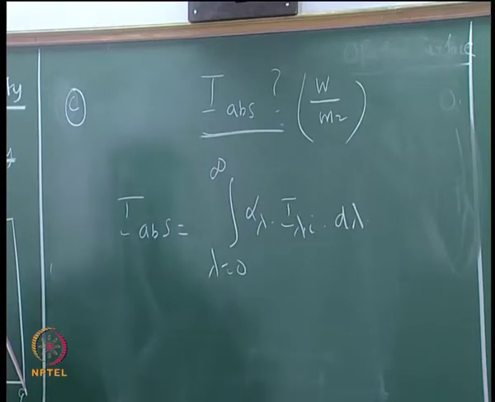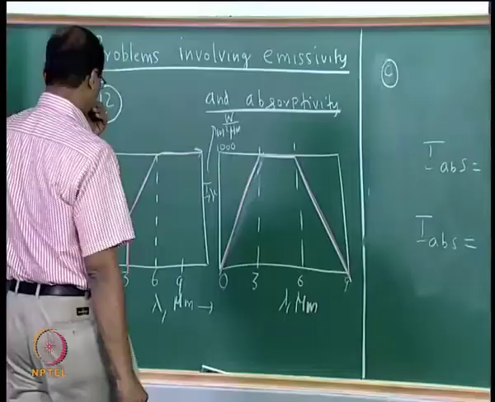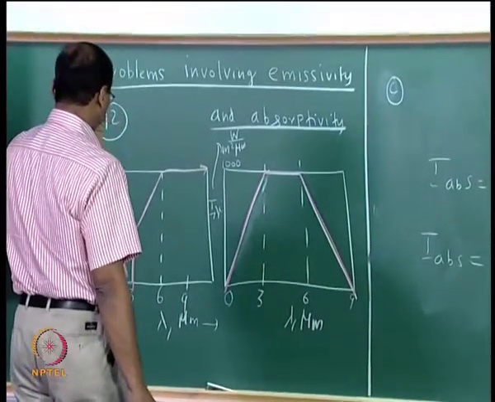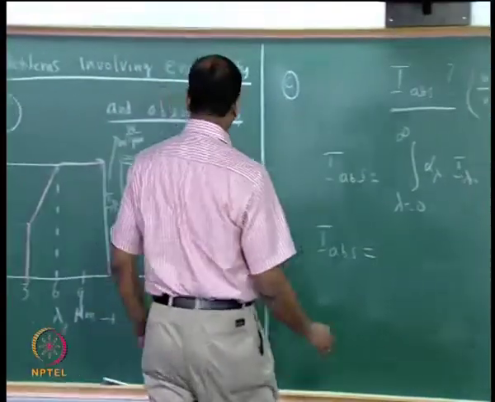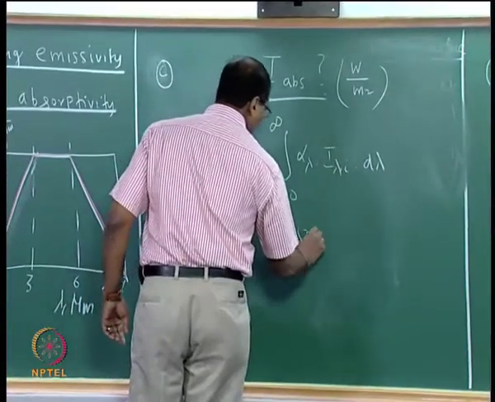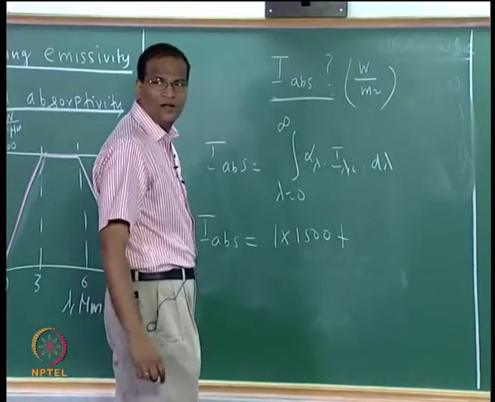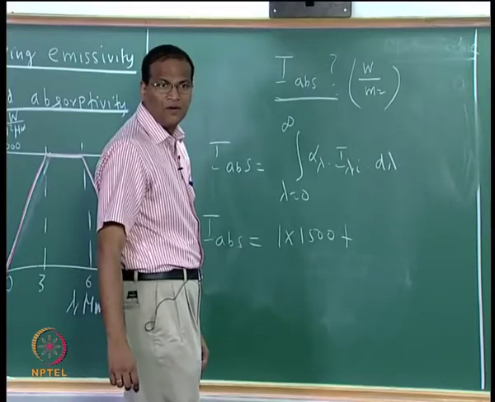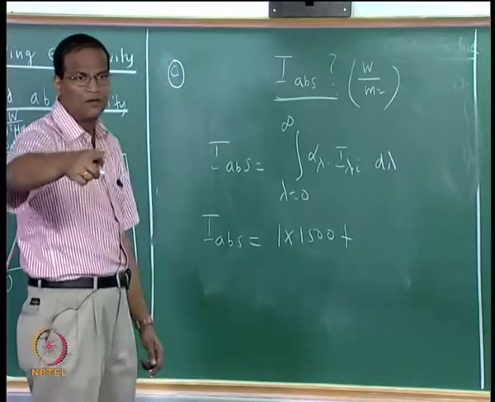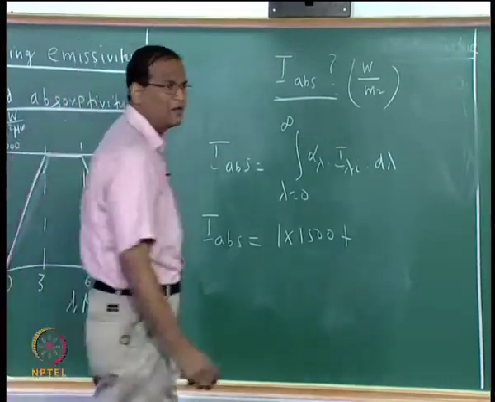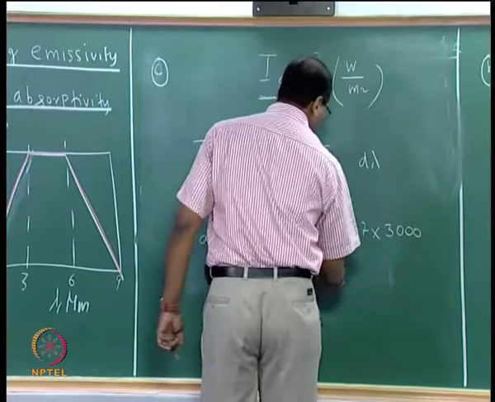So I absorb will be first what? 1 into, plus 0.7, or what did we get? Okay, 0.7, Sampath, 0.7 into 3000, plus 0.1.